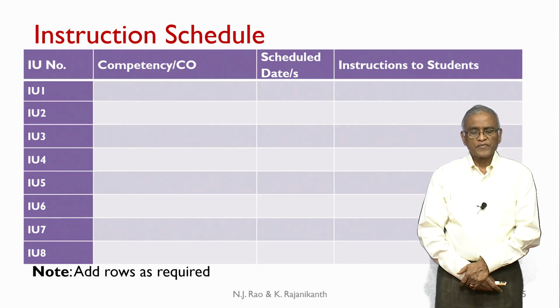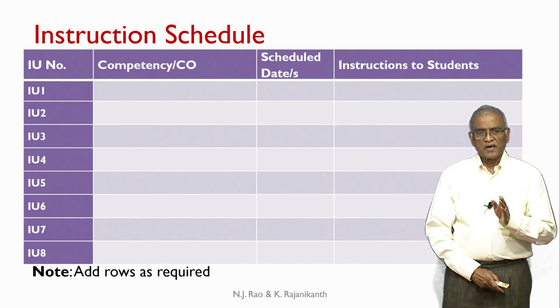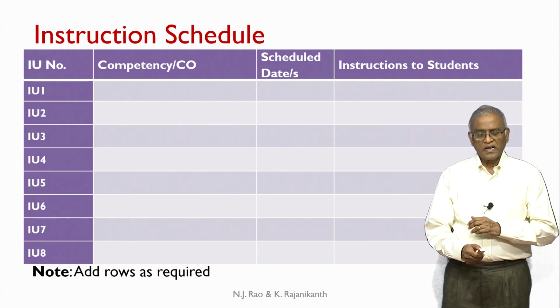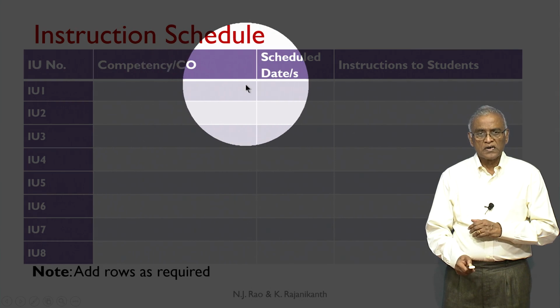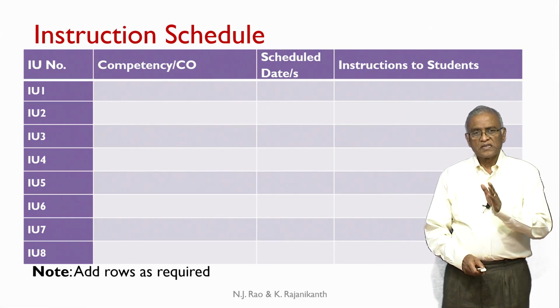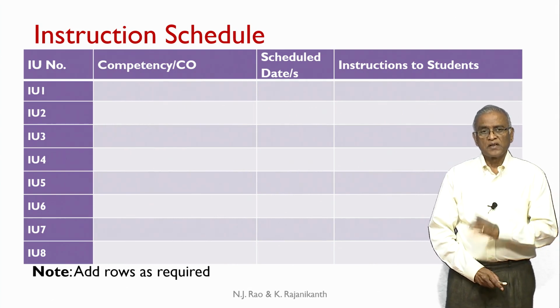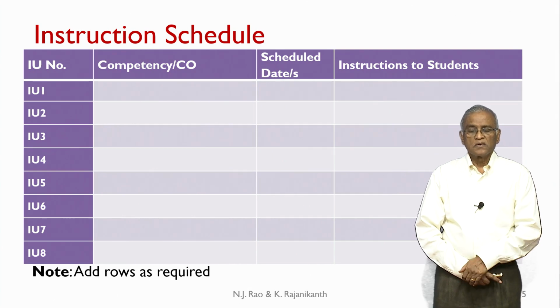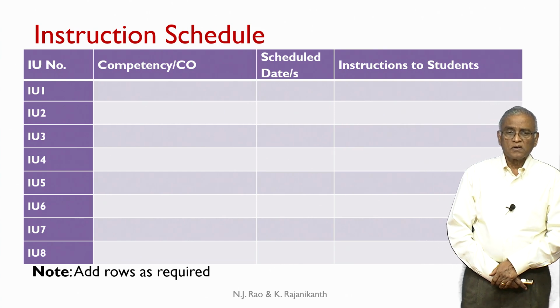For example, the instruction schedule has IU1, IU2 like that, and then in the next column you write the competency or the CO, and then you write the scheduled dates. It may be one day or more than one day, and you put the specific date there.